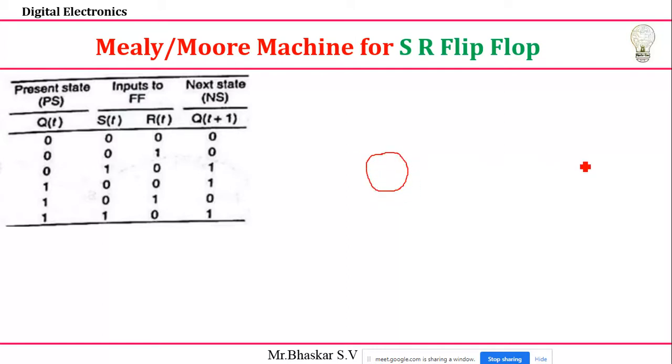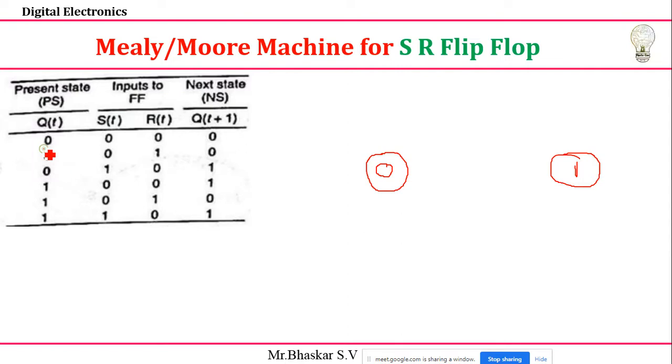Two states, 0 and 1. I'll take this as my 0 and this as my 1. So two states I have taken, 0 and 1, and changes only happen between zeros and ones. Now you tell me the first condition. It is not for only one input, you have two inputs.